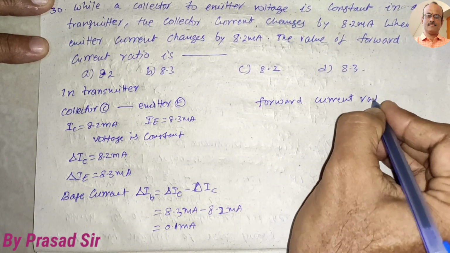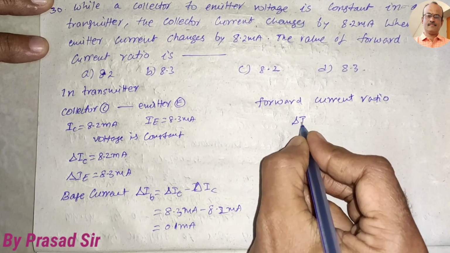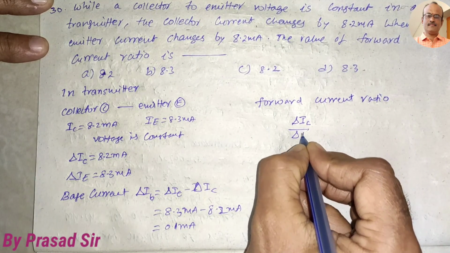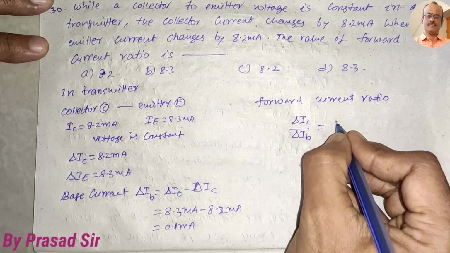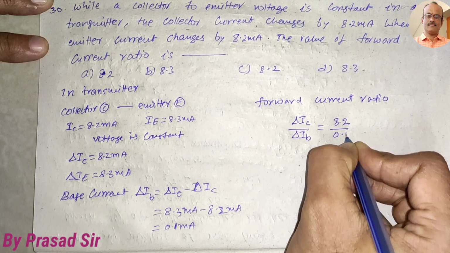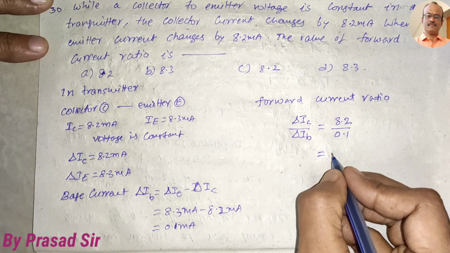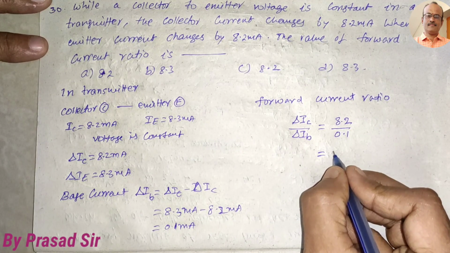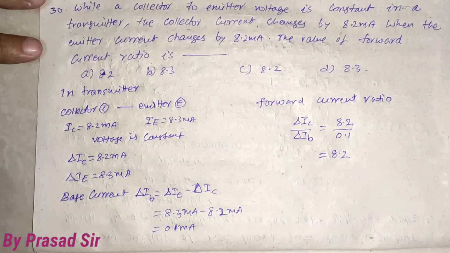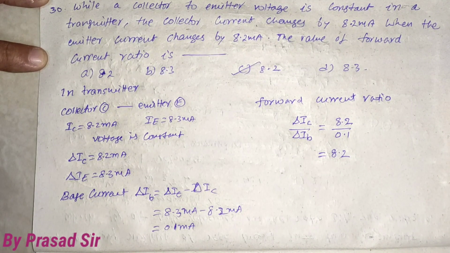Forward current ratio means delta I collector divided by delta I base. So that is 8.2 divided by 0.1, and we get the answer 82. Now what is the option for this? C is the correct option for this question.